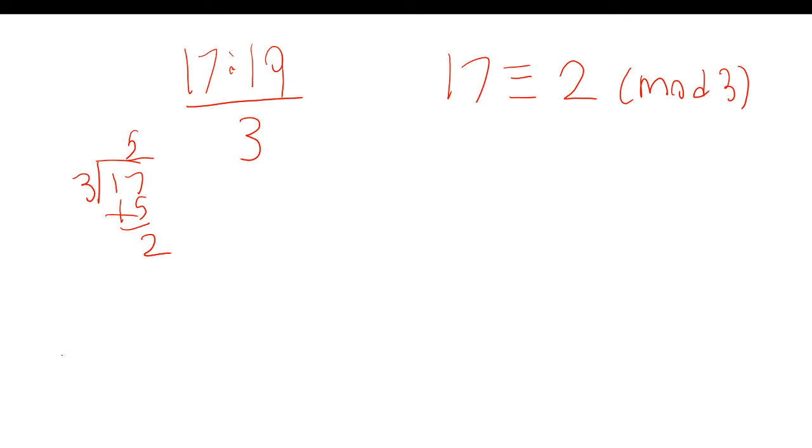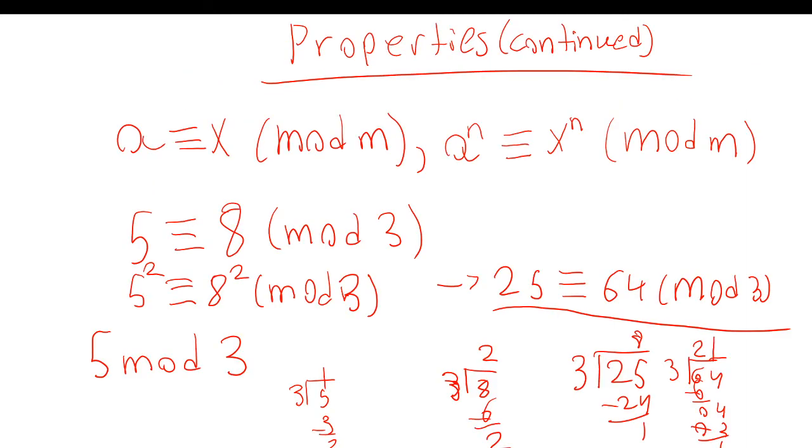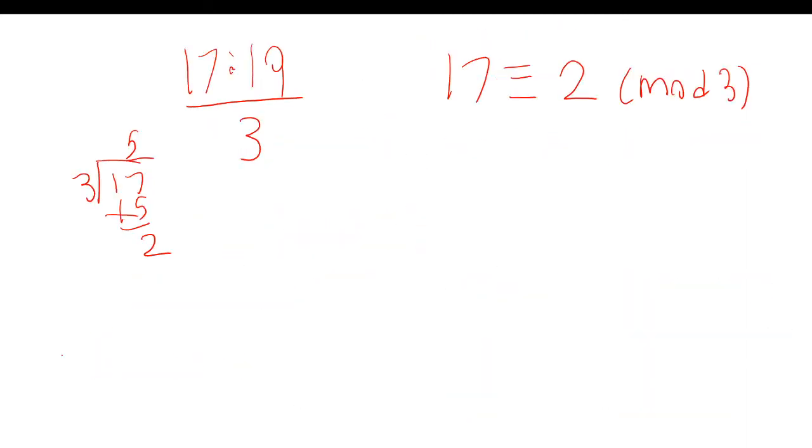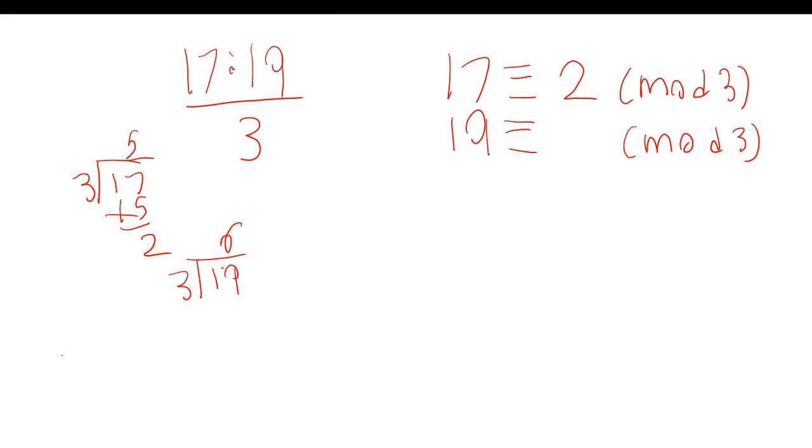Now 19 is congruent to what in mod 3? We should do the same thing for 19. We can just do the division once again. Oh, 19 is congruent to 1 mod 3.